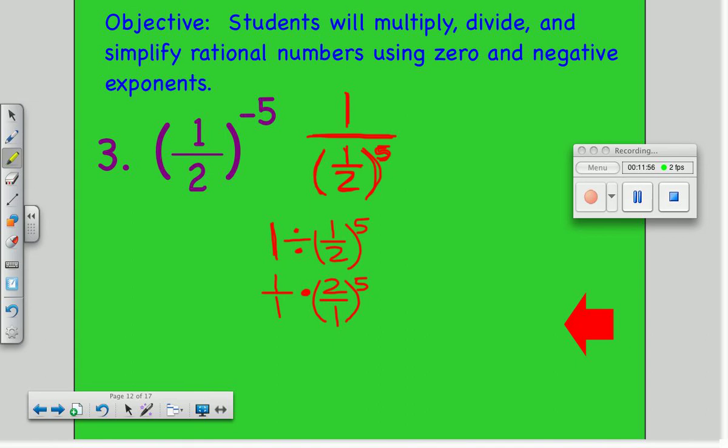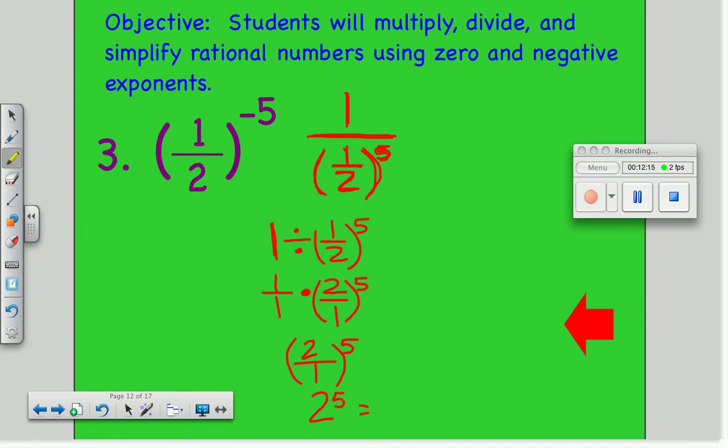1 times 2 is 2. 1 times 1 is 1. And all of that is being raised to the power of 5. 2 over 1 is the same as the number 2 to the power of 5.